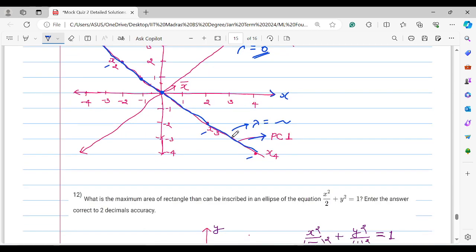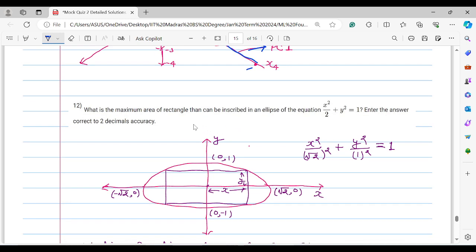Okay, so our next problem is: what is the maximum area of a rectangle that can be inscribed in an ellipse of this equation? Enter the answer correct to two decimal places.